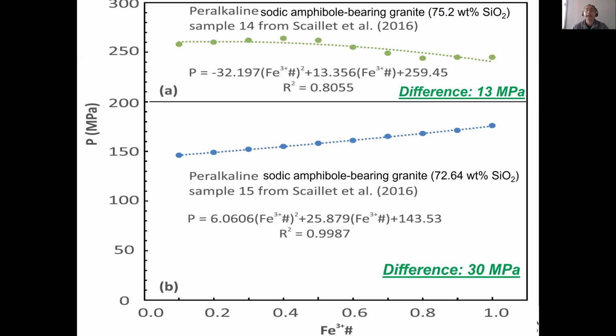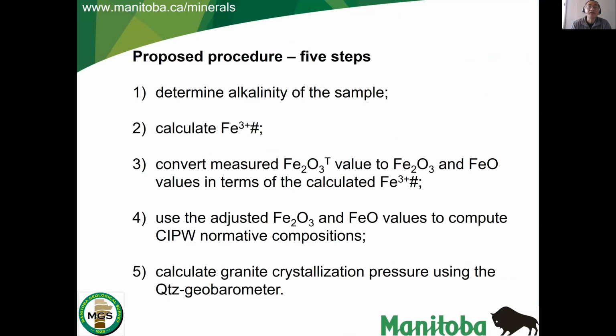So how can we get a good estimate of the ferric-ferrous iron oxide ratios? Modern geochemical whole rock data usually only provide the total iron oxide, either as ferric iron or ferrous iron.